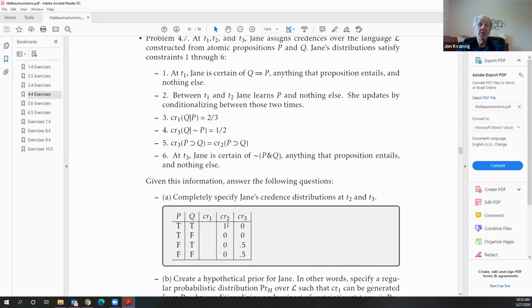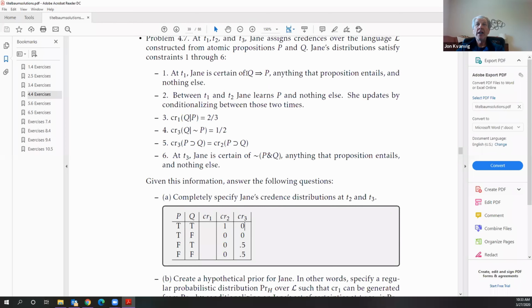And notice the sum of lines 1, 3, and 4 at time 2 is 1, and the sum of 1, 3, and 4 at time 3 is 1. So that's how you verify that condition 5 is satisfied. At time 3, she's certain of not P and Q. So that means P and Q gets a credence of 0.